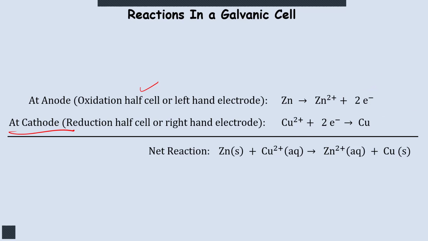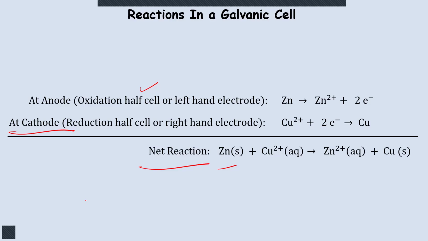If we add the two half equations, we get the equation for the overall reaction. The overall reaction is simply zinc reacting with copper 2 plus to form zinc 2 plus and copper. This is the same as zinc reacting with copper sulfate solution to form zinc sulfate solution and copper.